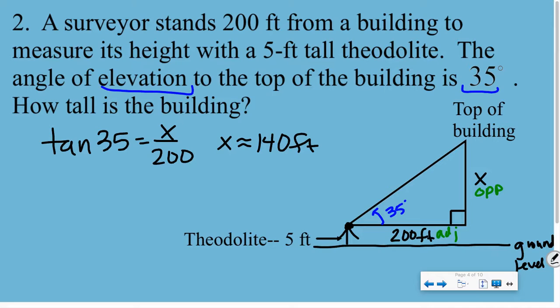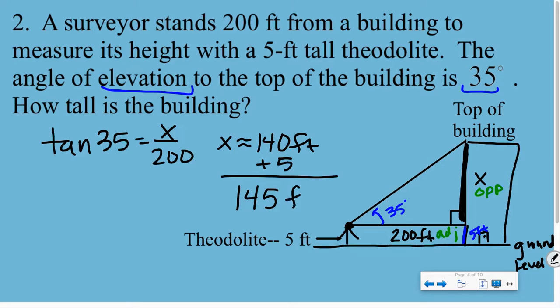It's not floating. My building's got to go down to the ground too. So this portion is 140 feet. What was this distance? 5 feet. So really, how tall is my building then? 145. We have to add that 5 feet on there, and then our building is about 145 feet.